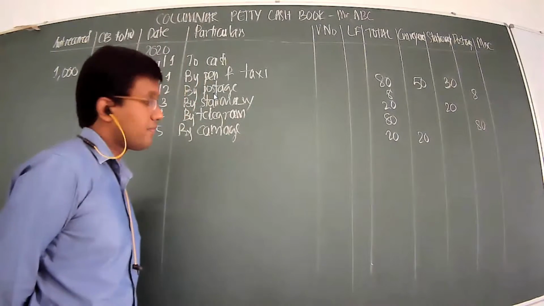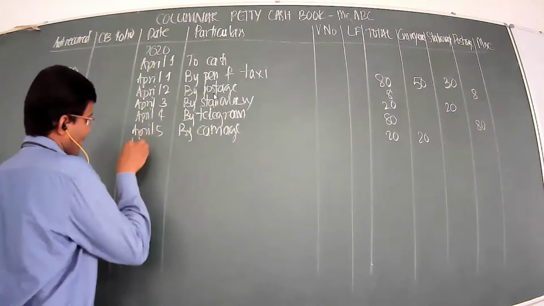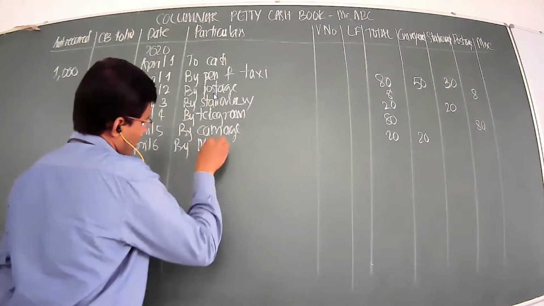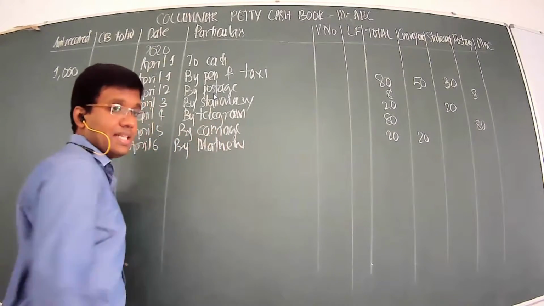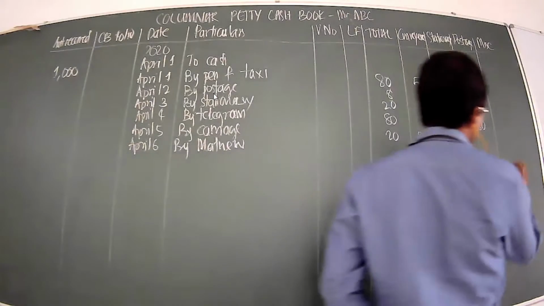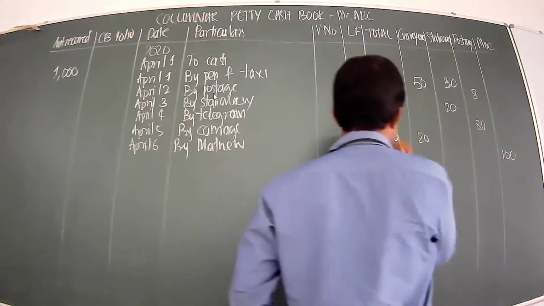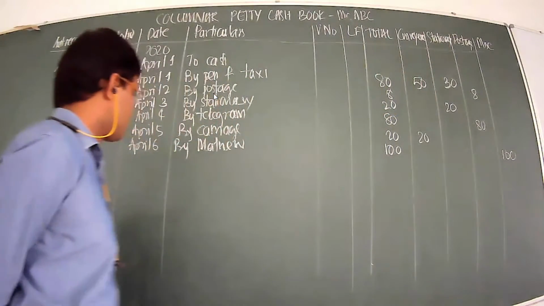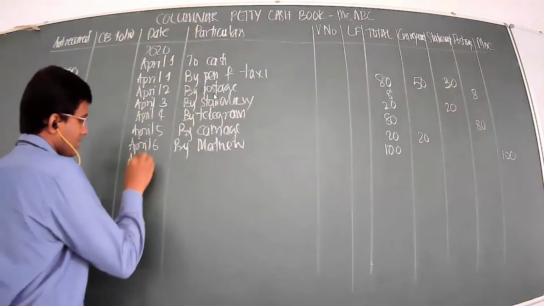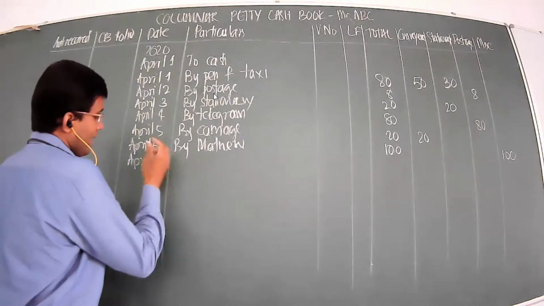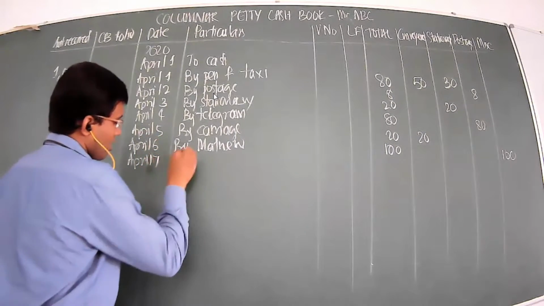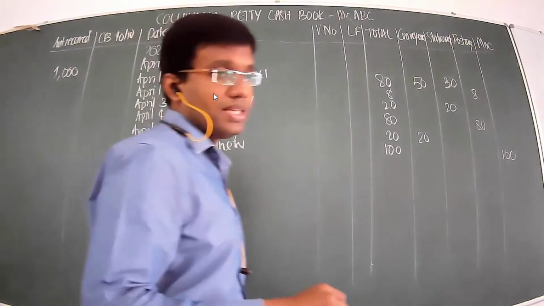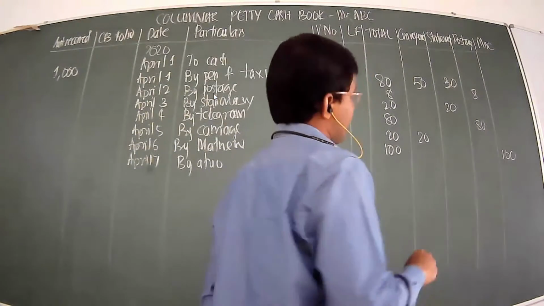Then April 6th, paid Matthew. So April 6th, buy Matthew, and we can put this under miscellaneous, and you're paying 100 rupees to Matthew. So this is under miscellaneous. Next that we have is auto charges. April 7th, buy auto, and the amount is 40.